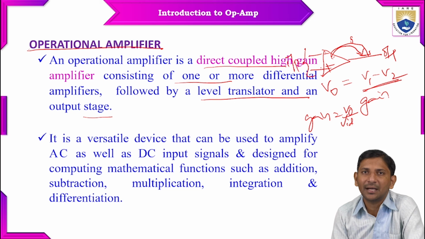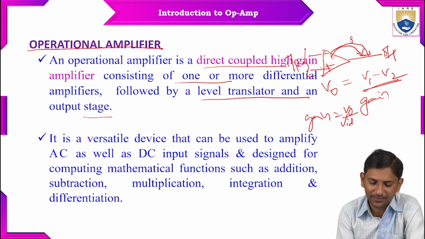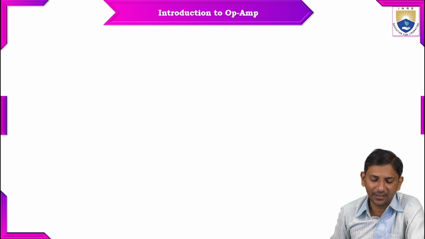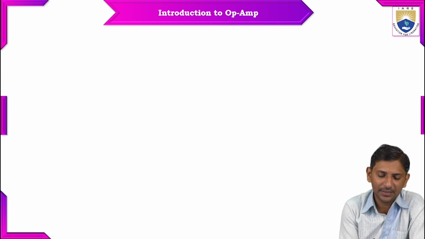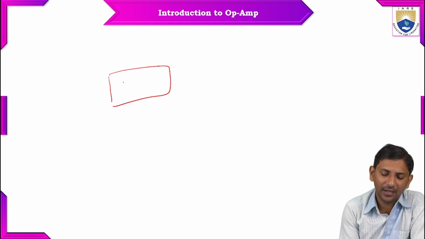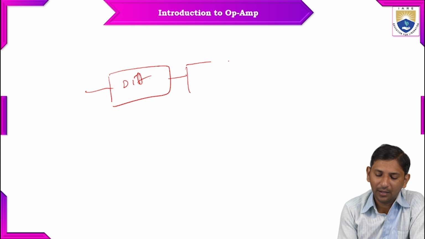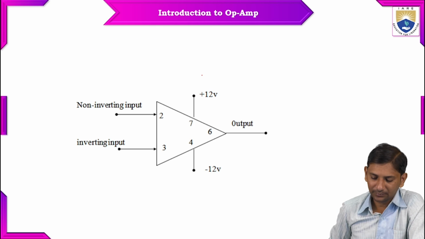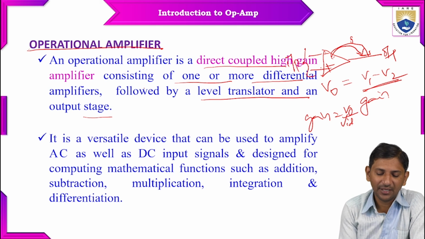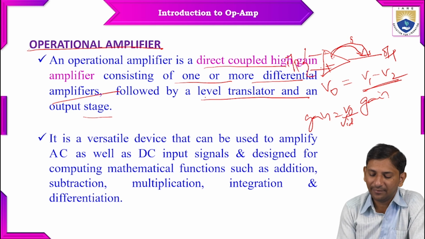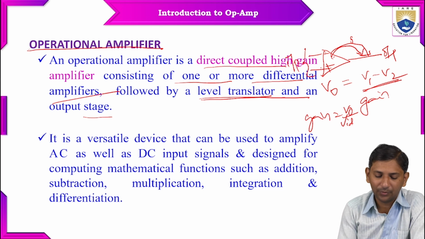So what blocks does it consist of internally? The blocks consist internally of a differential amplifier circuit, then another differential amplifier circuit, and then a level translator circuit, then the output stage.